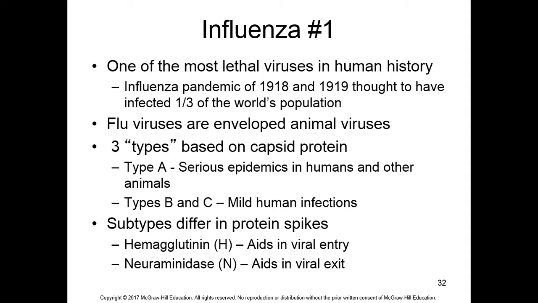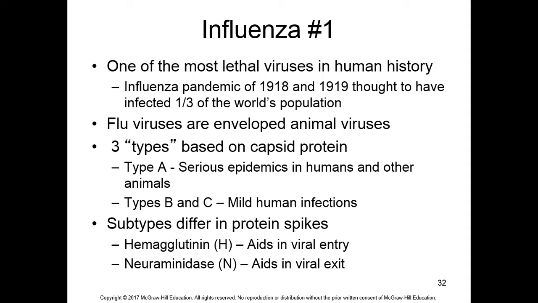There are three types of these flu viruses based on the capsid proteins: type A, type B, and type C. Type A is considered a more severe kind of flu virus as compared to type B and type C.